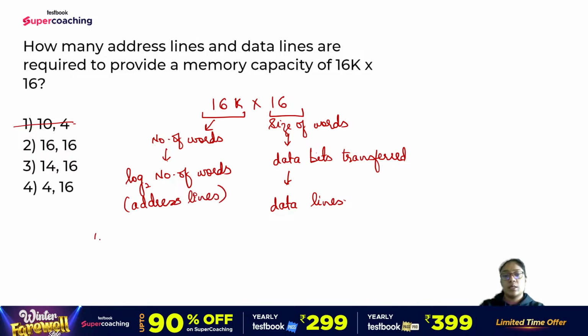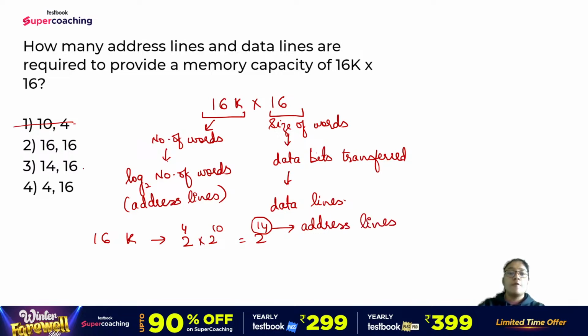Here 16K can be written as 2 raised to power 4 into 2 raised to power 10, that is 2 raised to power 14. That means 14 bits are required to represent the address lines. So the correct answer is 14 and 16, that is option 3. Simple. Next one.